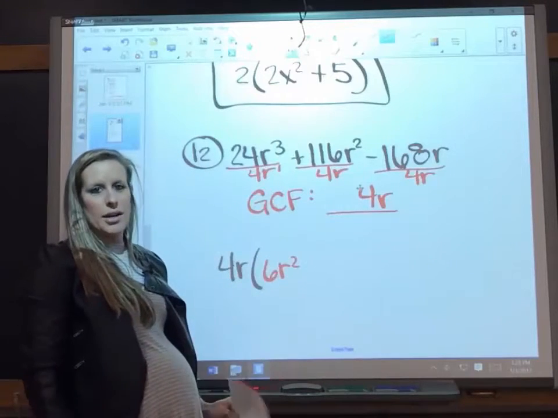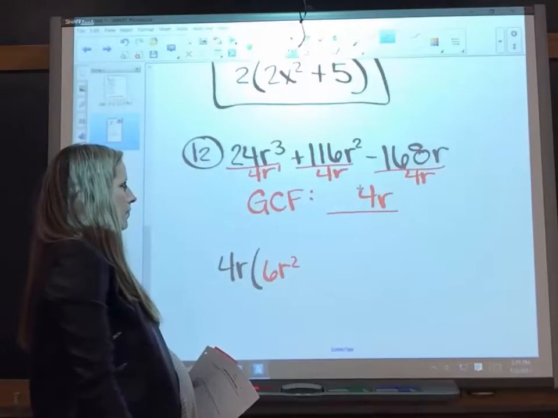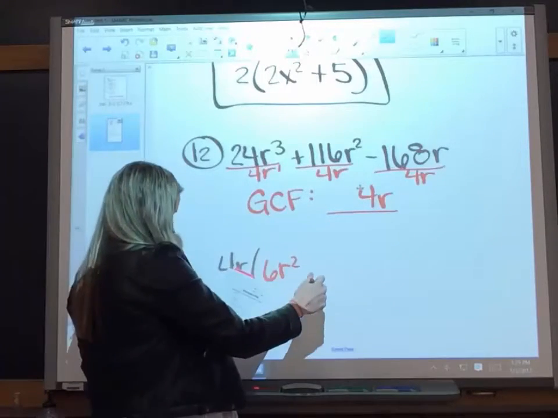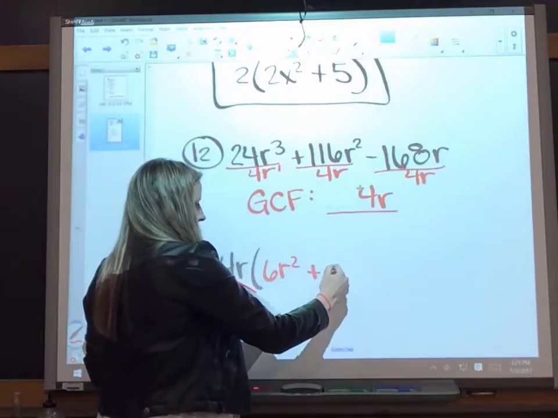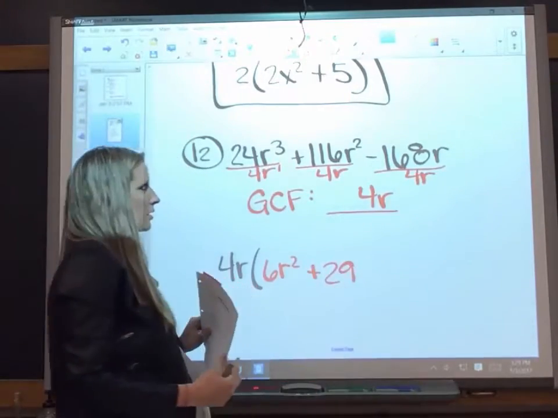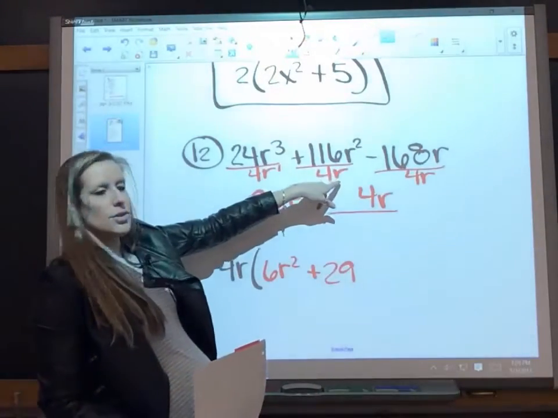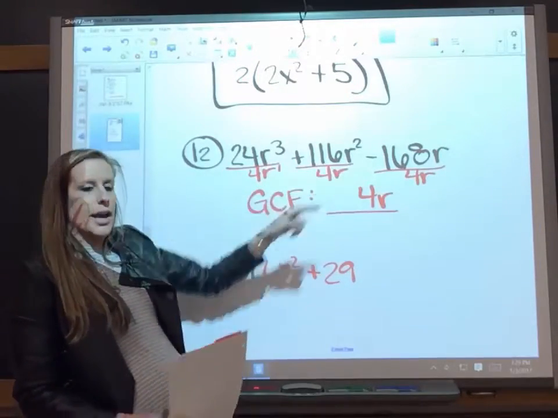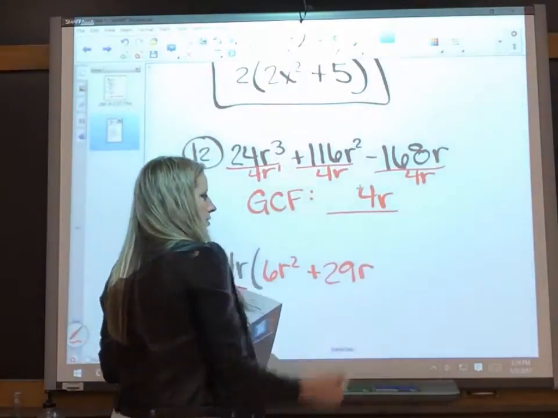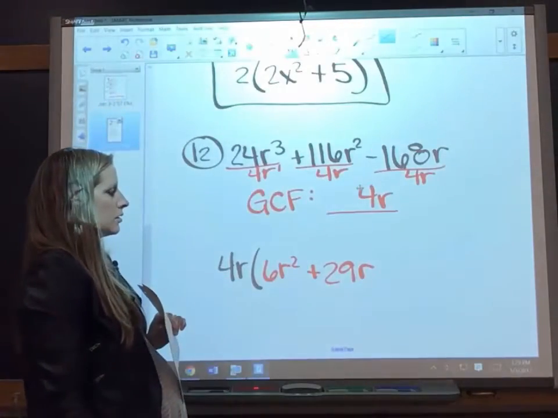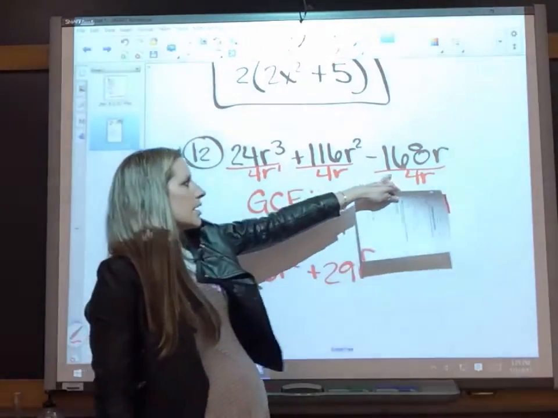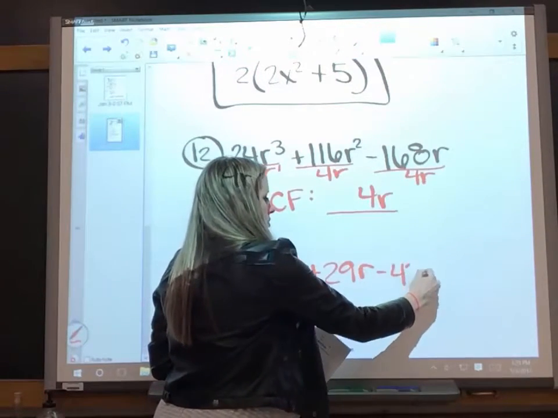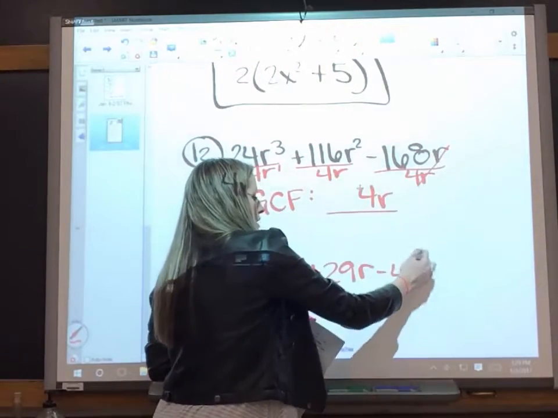You can think about it either way. 116 divided by 4 is going to give me 29. For the r's, I had 2 r's. I'm taking 1 out, so I have 1 left. Negative 168 divided by 4 gives me negative 42, and my r's will cancel out.